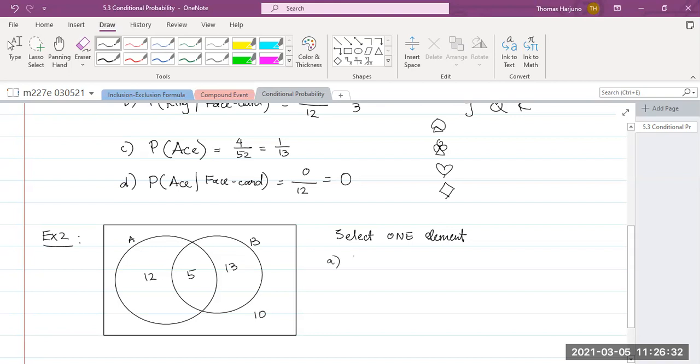Part A, find the probability that the one element you select is from B. Then there will be a total of 40. How many of them in B? There are 5 plus 13.